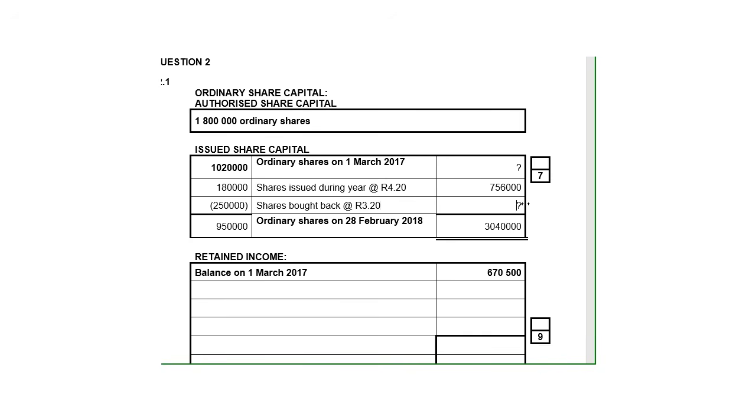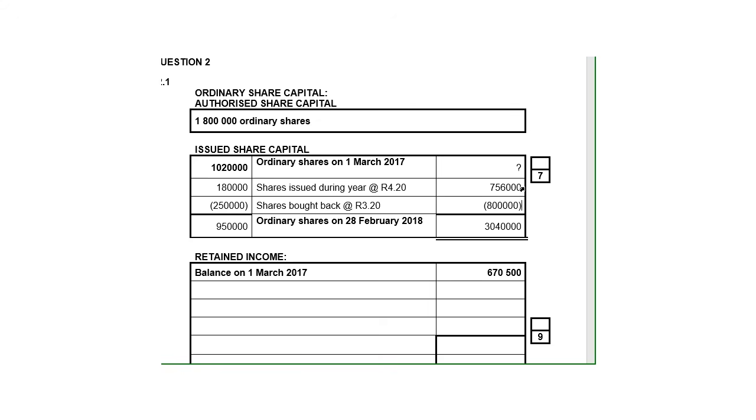Now I can work out what the total value for the shares bought back was. It's 250,000 multiplied by 3.20 Rand, and that gives me 800,000. But important, my shares will become less when I buy back, so I must minus the 800,000.